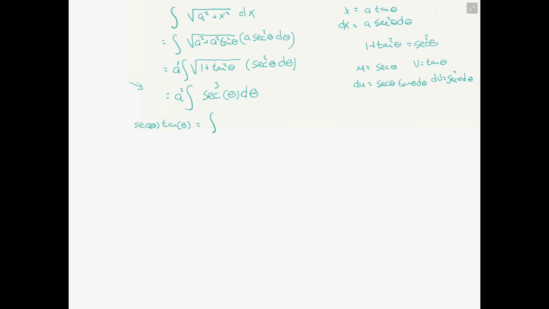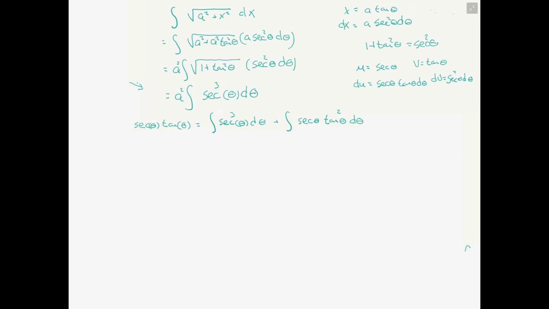So let's look at this here. We've got u dv, which is secant to the third theta d theta, plus v du, so that's secant theta tangent squared theta d theta.